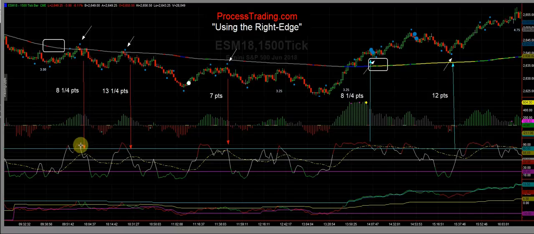One of the main indicators here is the Cinnamon Oscillator, where the momentum line cuts down through the Cinnamon line, a sure indication the price is going to go lower from there. And the short-term trend oscillator, the channel is kind of narrow here, so I'm not going to go into that, but you can look on processtrading.com and see how that is interpreted.